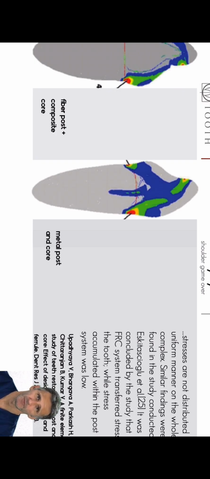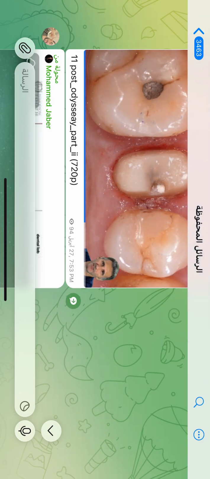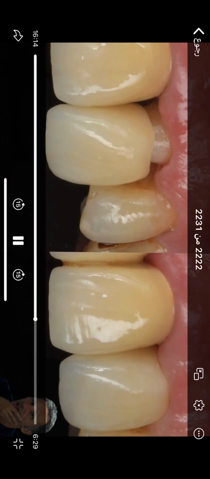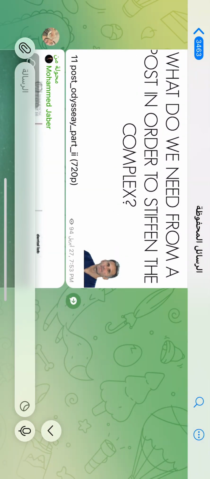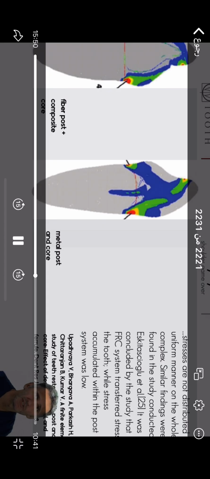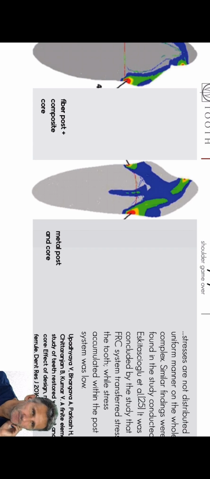That it is true that we apply less force to the roots, but we apply a lot of force on the abutment, especially where we understood that it is the weak point of our teeth, the pericervical dentin, where we put the crown.